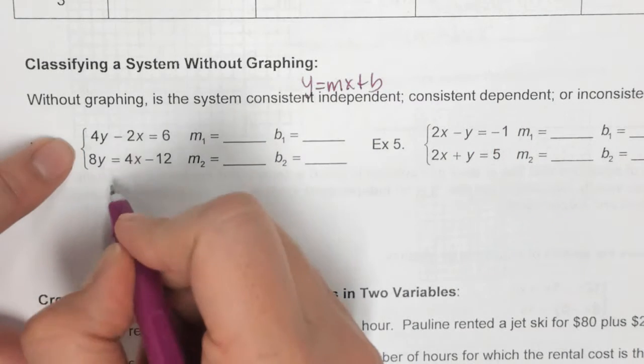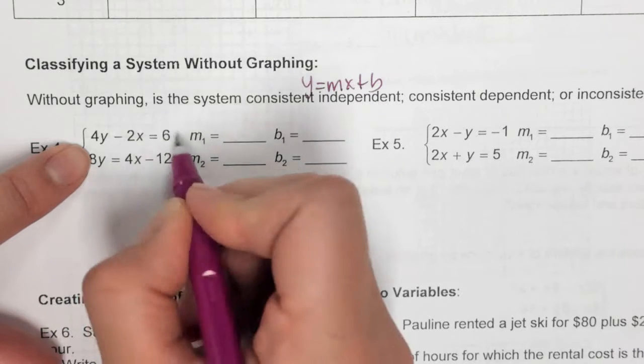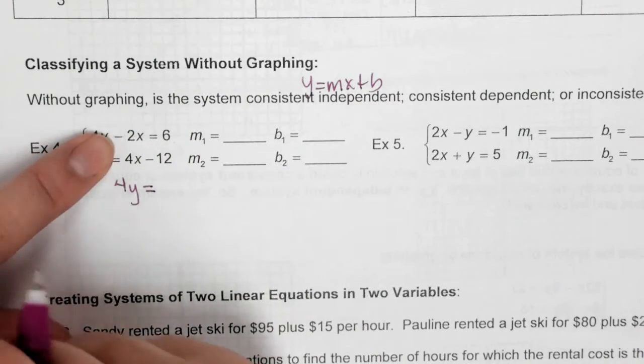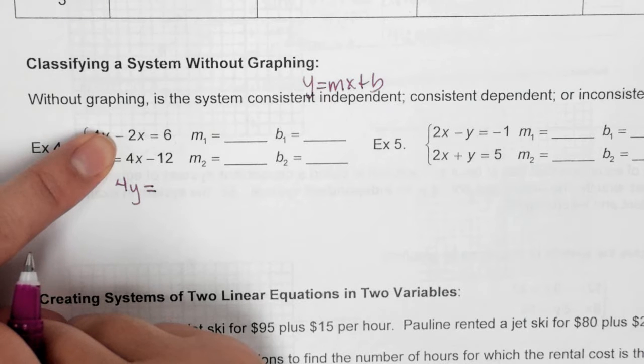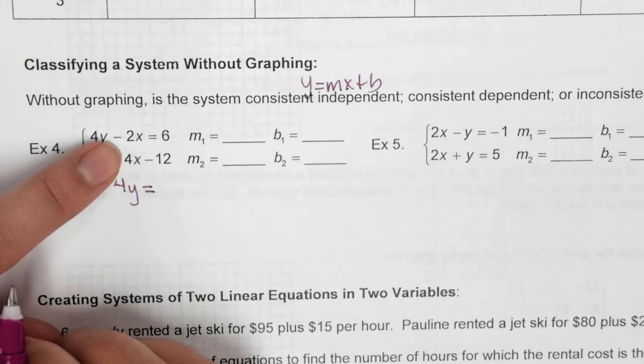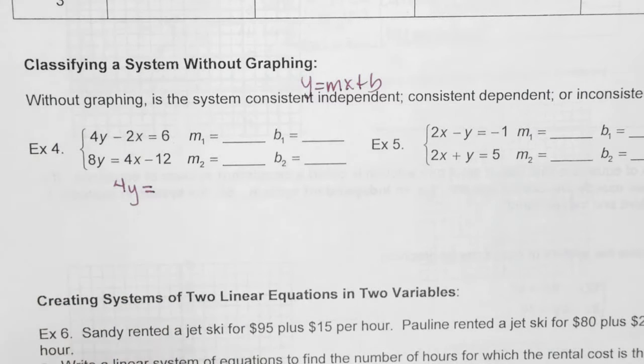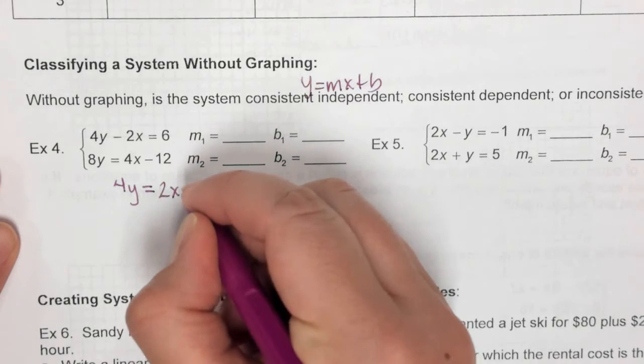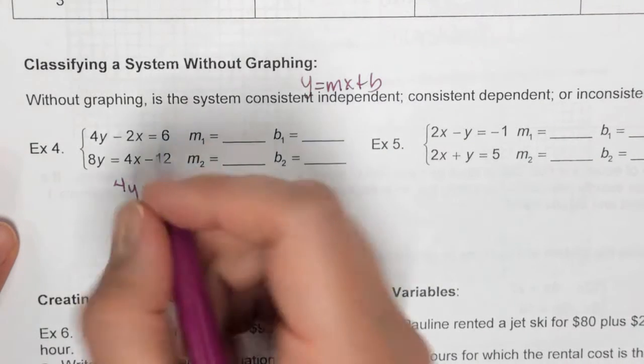Okay, so if we do that, we have to move the x to the other side. So that'll be 4y equals, and will that be positive or negative on the other side? Is it positive or negative right now? It's negative right now. So when it goes to the other side, it'll be positive, right? Okay. 2x plus 6, divide by 4.